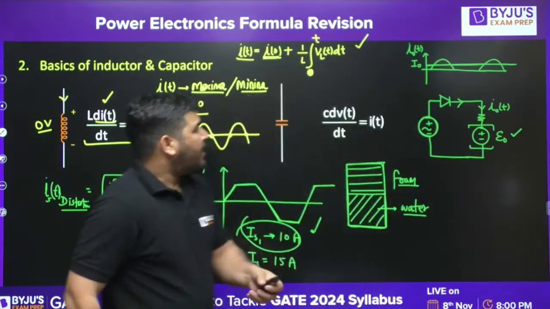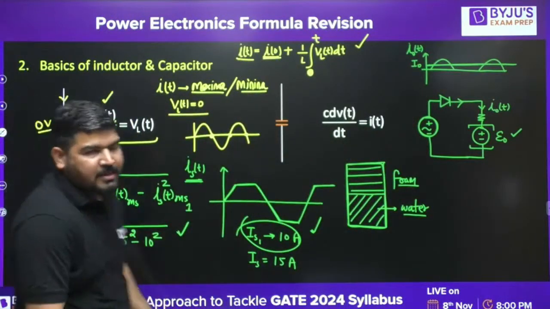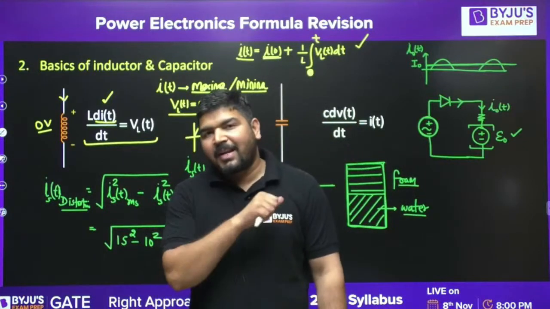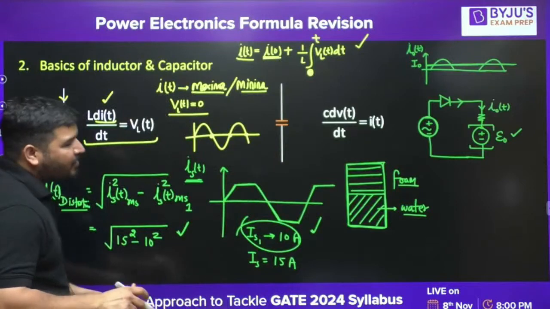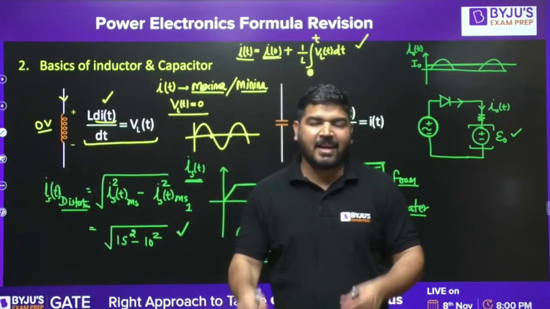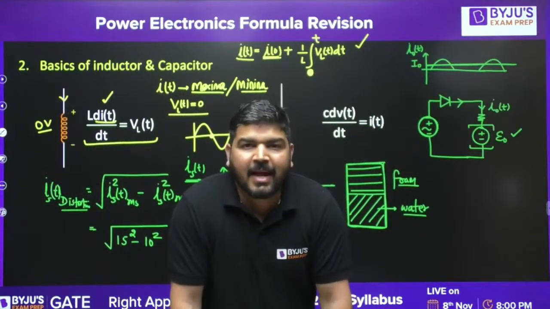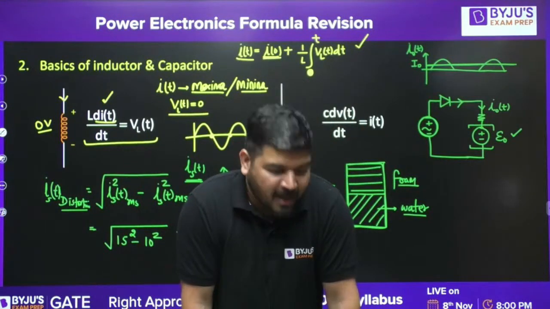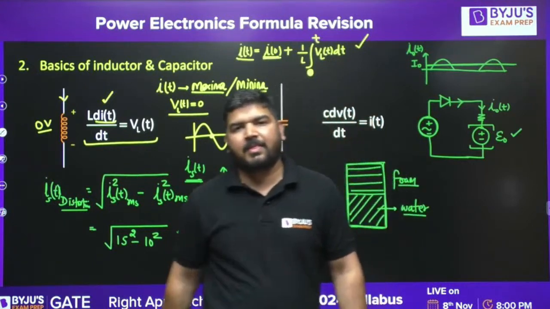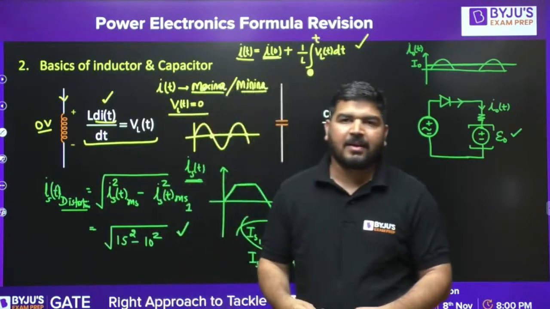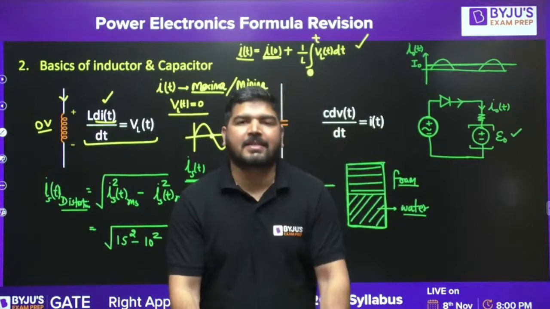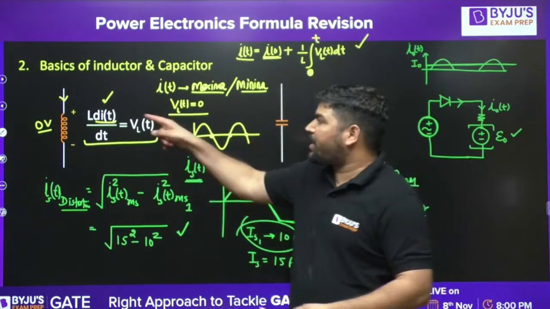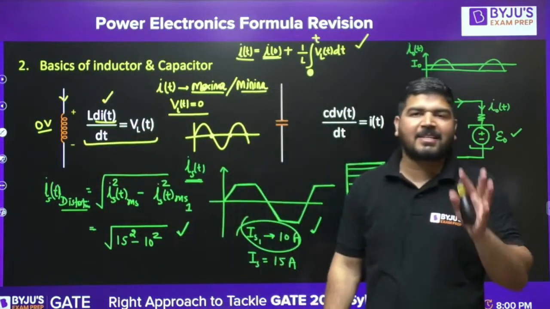Now, where are you going to encounter this situation? Everywhere in power electronics. In power electronics, you will have steady state. In any circuit under steady state, if the load is some inductive load, maybe some RL load, or there is some inductor in the load, then the current through the inductor is periodic.